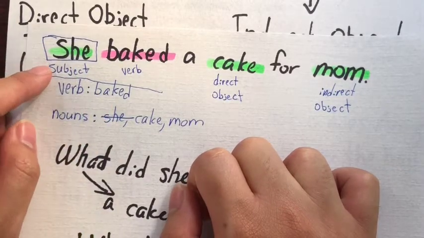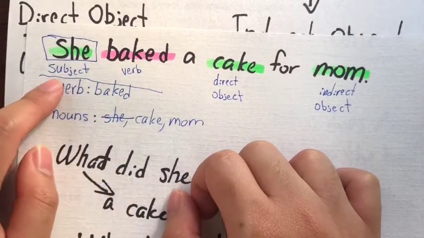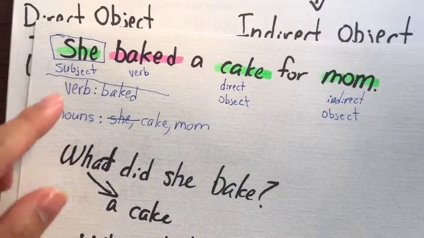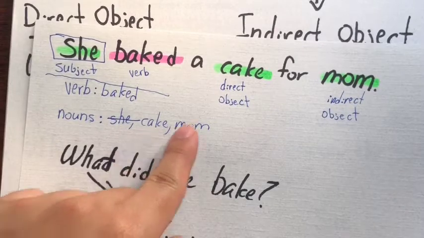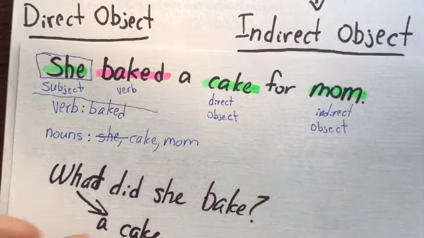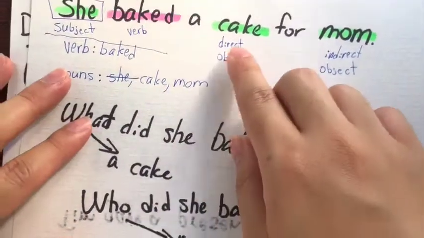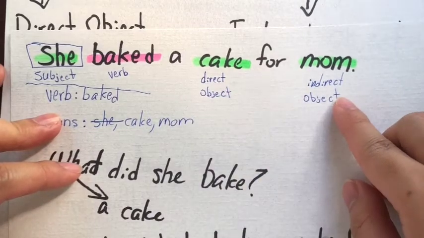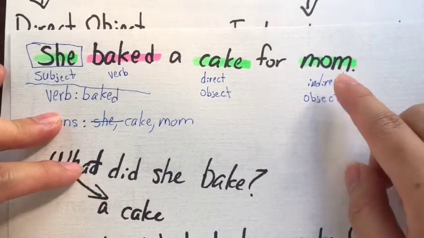She. She baked. So she is the subject. All the other nouns, cake and mom, become the objects. The direct object answers the what question, and the indirect object answers the who question.